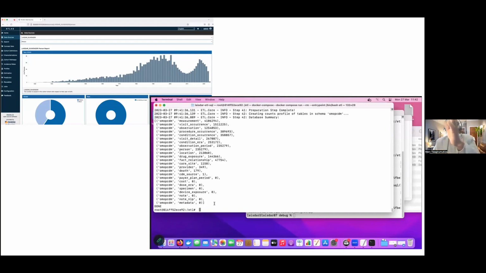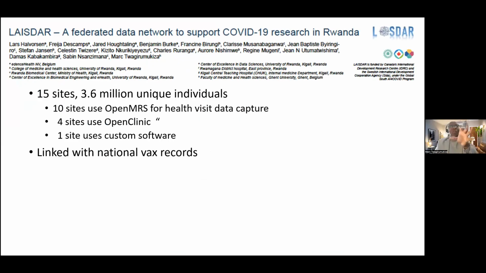In the next slide I will show that so far we have 15 sites and more than 3.6 million unique individual records coming from OpenMRS, OpenClinic, and one hospital using a customized EMR. This was not possible without OMOP, because of the structure of OpenMRS.